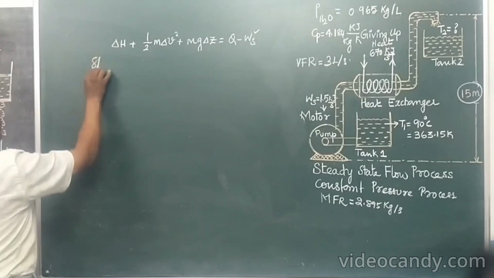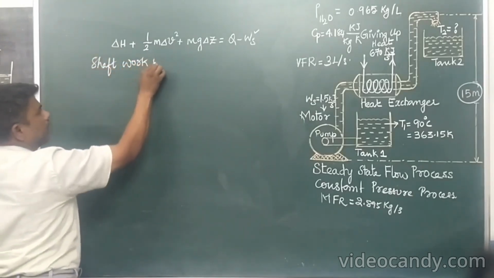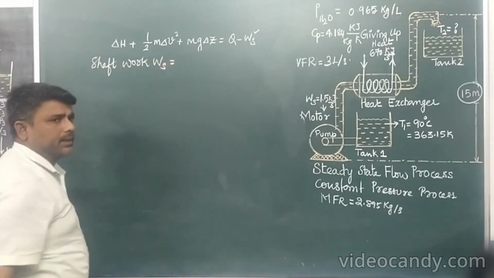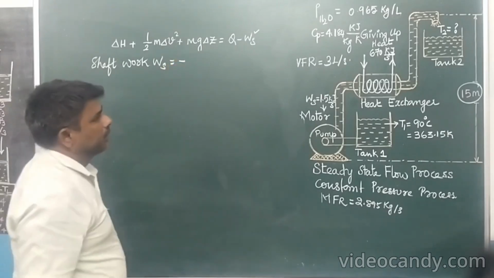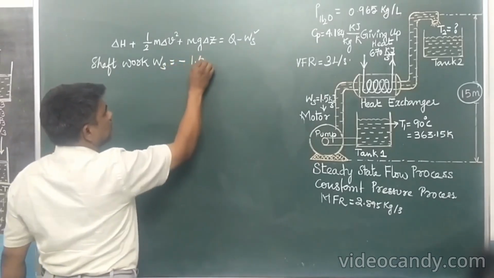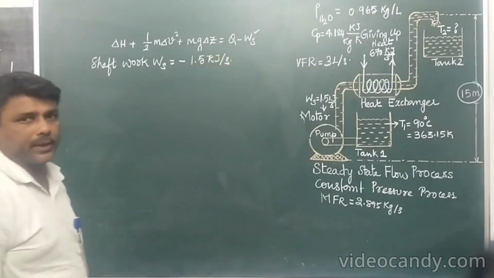Shaft work Ws is equal to, since it is work done on the system, I am going to put a negative sign. The answer is minus 1.5 kilojoules per second. Ws is predicted.